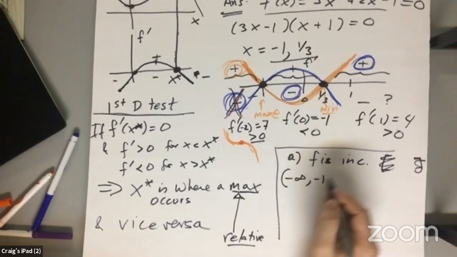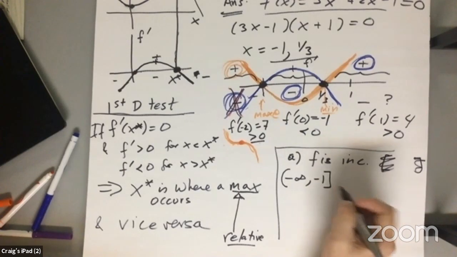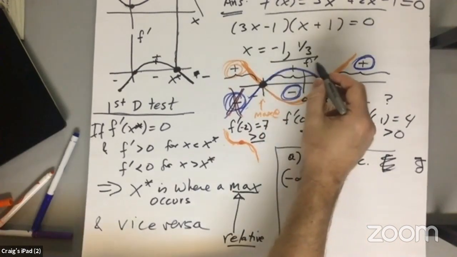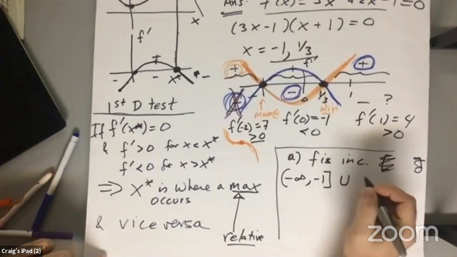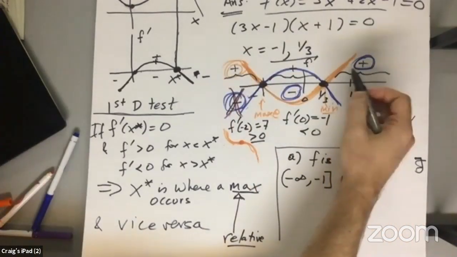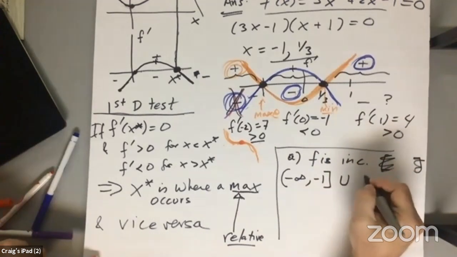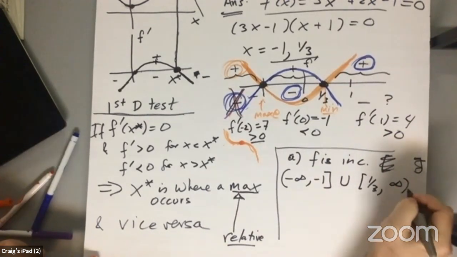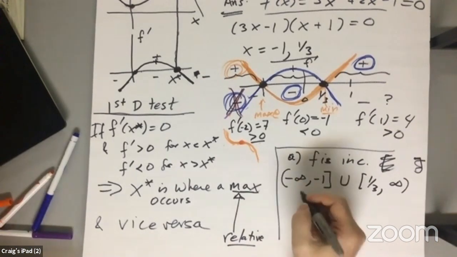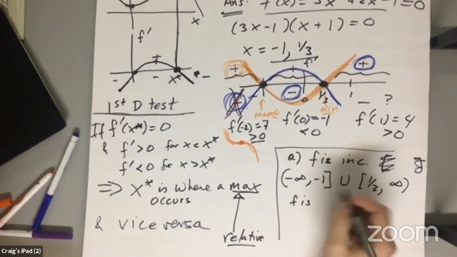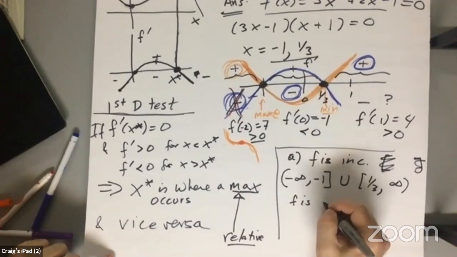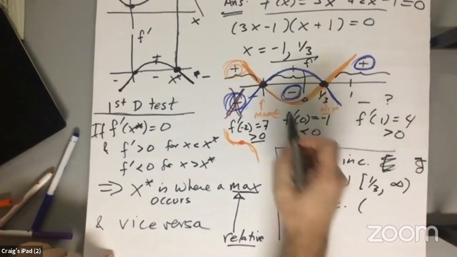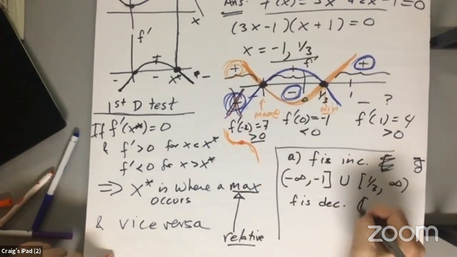So all the way from -infinity to -1, the function f is increasing because this derivative is positive. It's also increasing on this place where the derivative is positive, so from 1/3 to infinity. Okay, f is decreasing everywhere else where the derivative is negative, from -1 to 1/3.